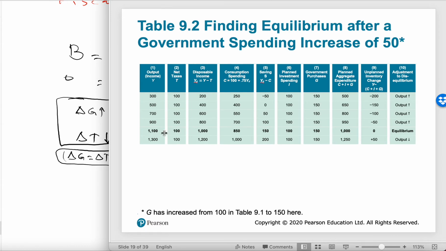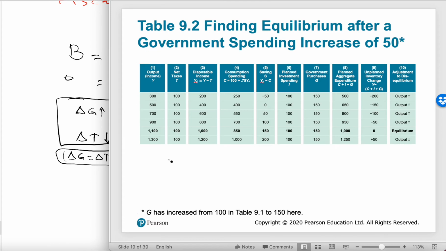Initially, our equilibrium was 900, but because of the $50 million increase in government spending, the economy increased to 1,100.